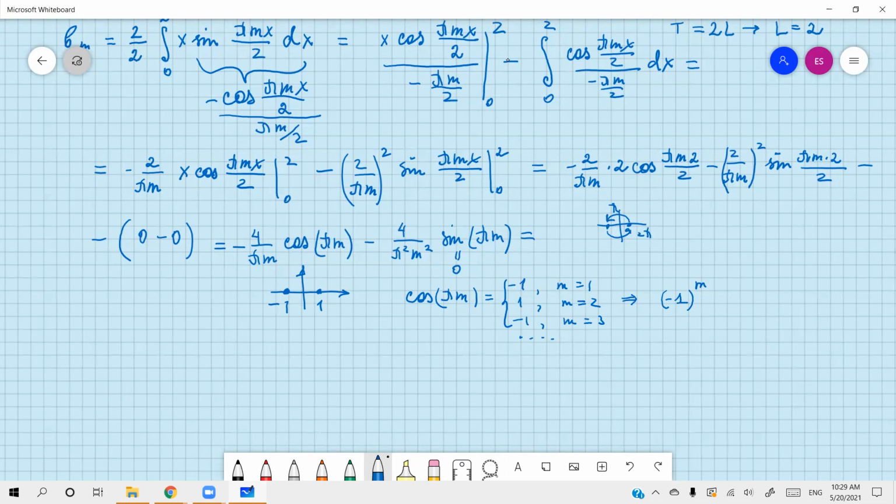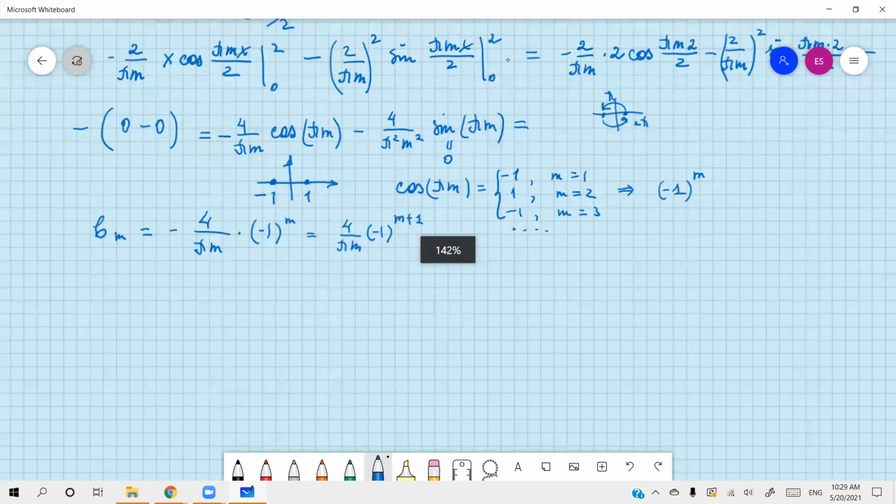Well, very good. We just plug it back into the function and get coefficient bm: -4 over pi m times -1 to the power of m. I'm going to bring this minus together with m and have 4 over pi m times -1 to the power of m plus 1. Well, now I'm ready to plug it into the series.